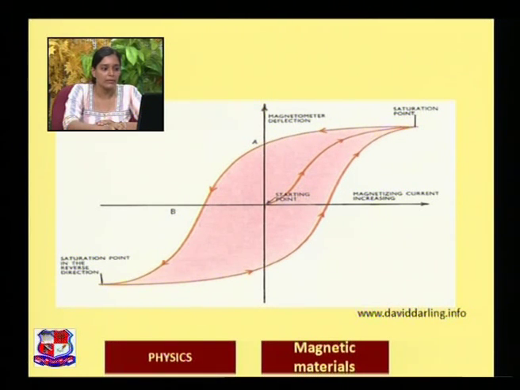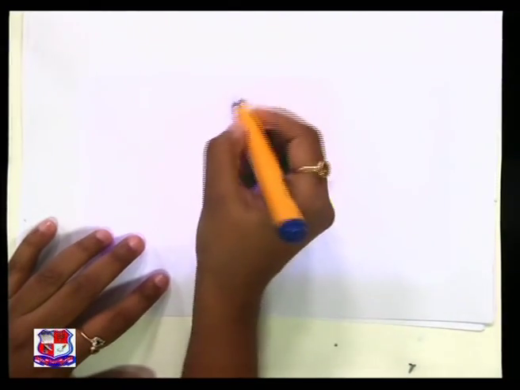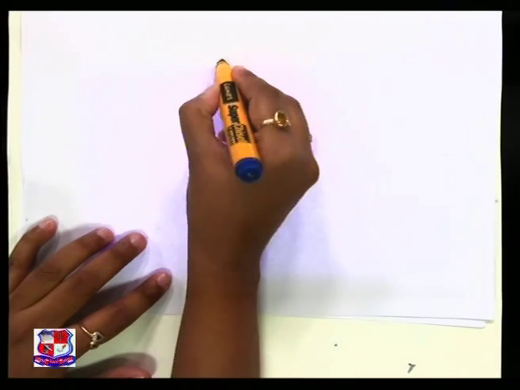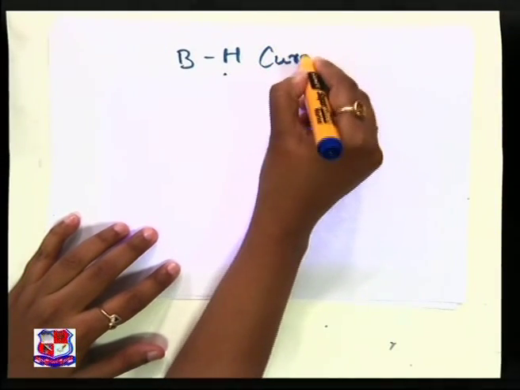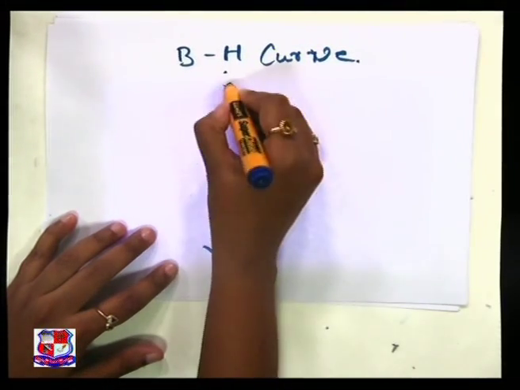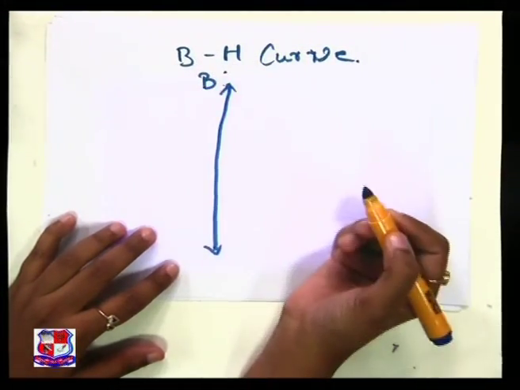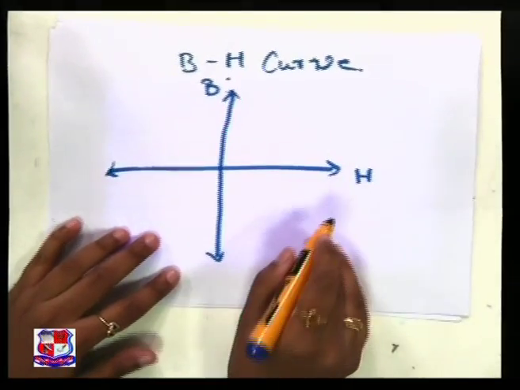For this we will have to think about a graph which is B versus H. For a while we will move to the tabletop. It's a B versus H graph, or in short we can call it the BH curve of the material. You can see on the y axis B is there, on the x axis H is there, right?